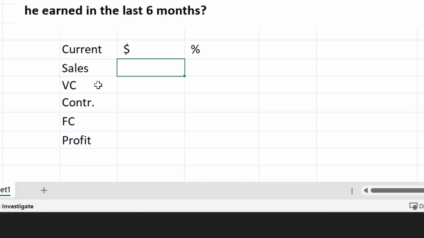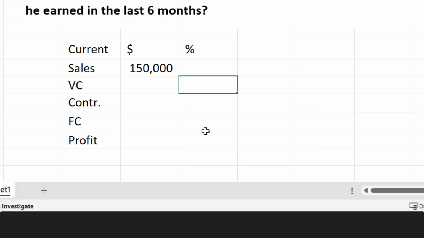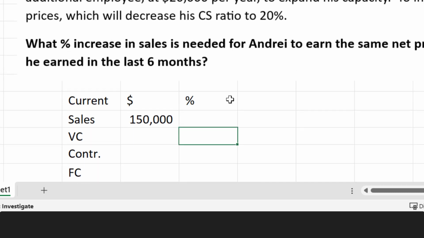So we learn that our current sales are $150,000. We also learned that there was a contribution to sales ratio of 25%. So that means if we consider sales 100%, contribution would be 25%.